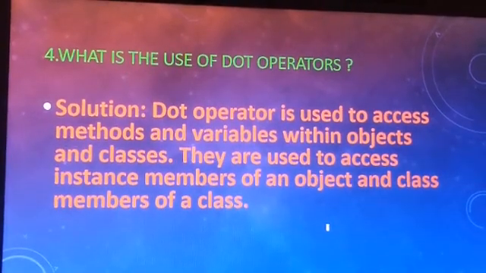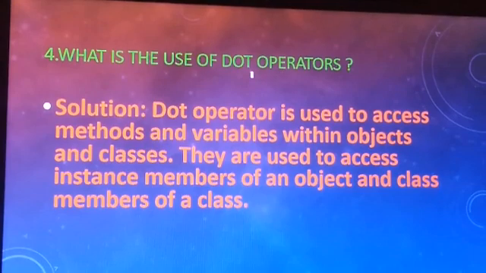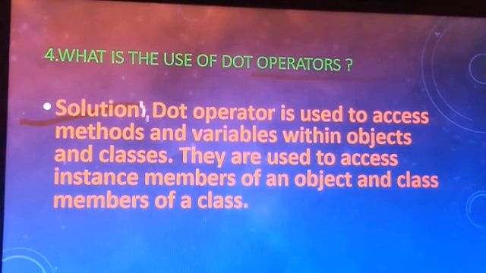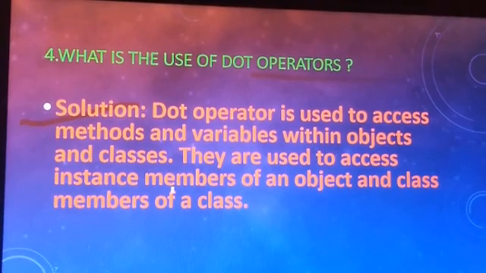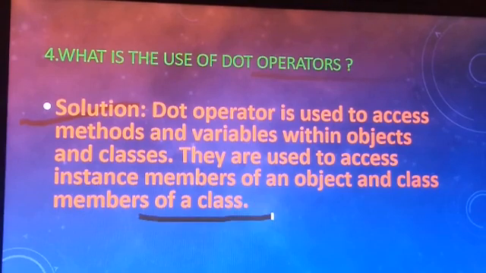Fourth question is, what is the use of the dot operator? Solution: the dot operator is used to access methods and variables within objects and classes. They are used to access instance members of an object and class members of a class.